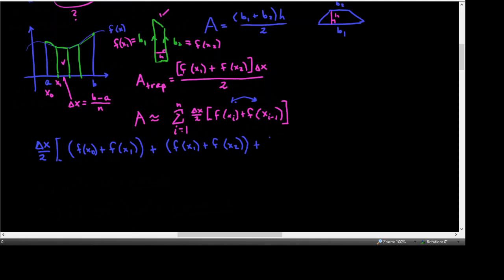And let me write one more pair, or maybe 2. So this will be f of x sub 2. We're now on the third one.